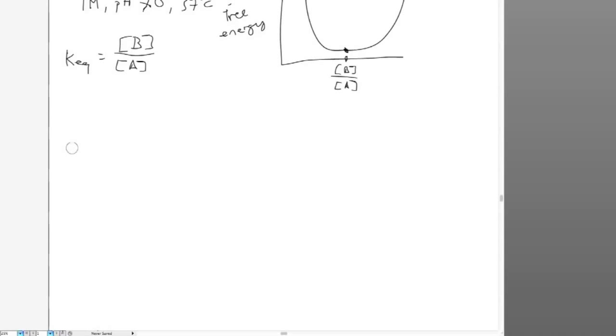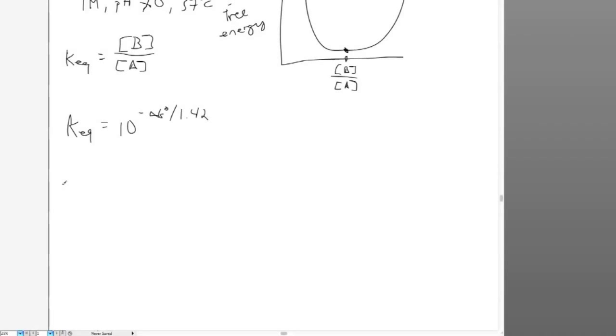And so if you know the free energy change of a reaction, okay, you can calculate at what point that reaction will reach equilibrium, okay? So KEQ equals 10 raised to the minus delta G naught divided by 1.42.